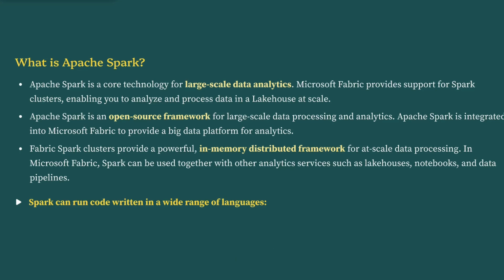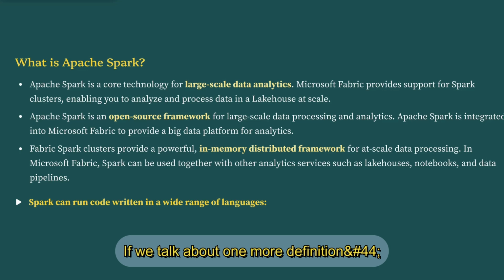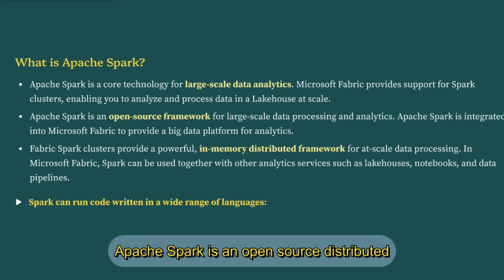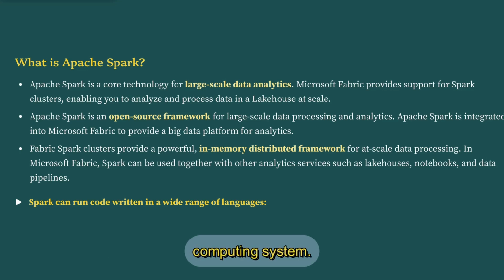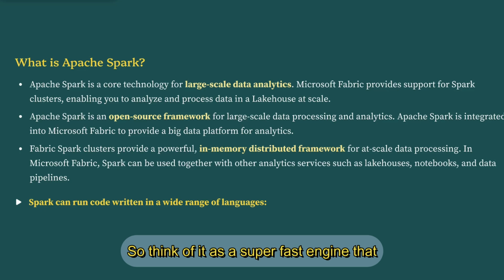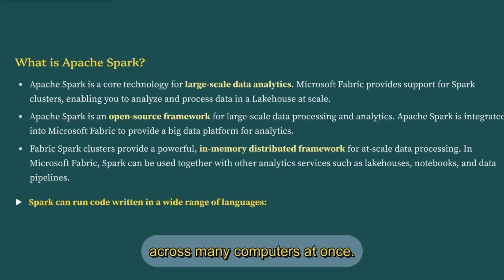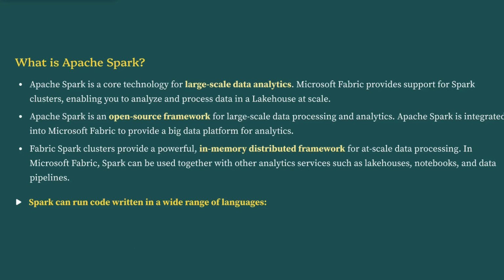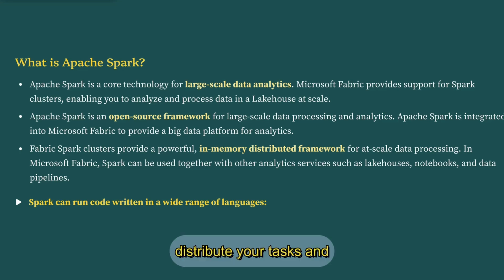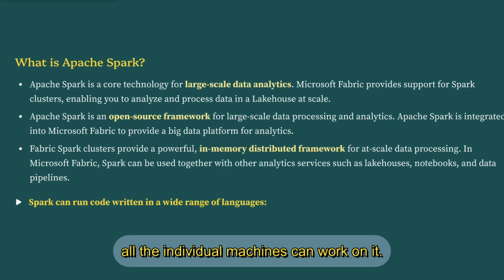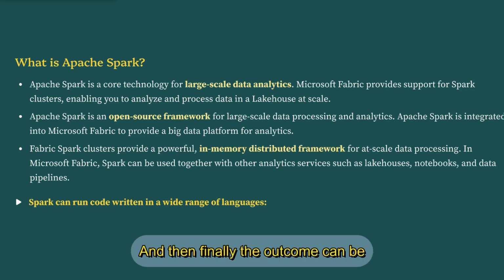If we talk about one more definition, Apache Spark is an open source distributed computing system. Think of it as a super fast engine that helps you process massive amounts of data across many computers at once. It's not like just one computer is working at one point of time. It will be multiple computers. So you can distribute your tasks and all the individual machines can work on it, and then finally the outcome can be collaborated. Right, so this is what Spark does.